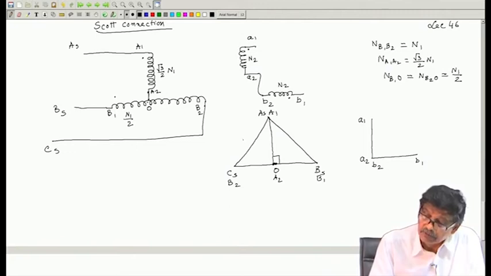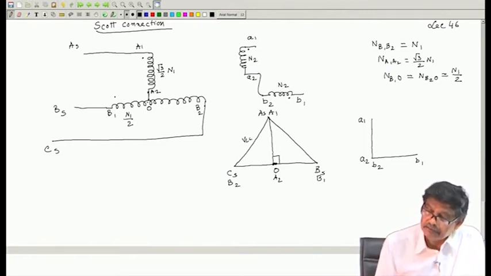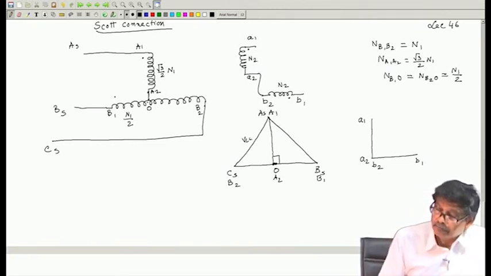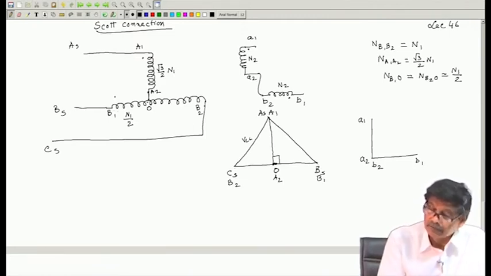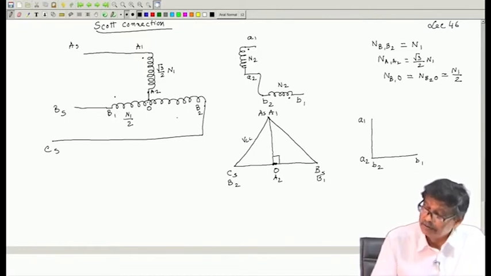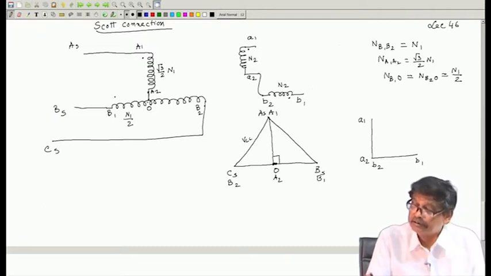Suppose the line to line voltage applied is VLL. Therefore, voltage applied across the primary of B transformer is VLL, number of turns is N1. So, VLL by N1 into N2 will give you the voltage. Here voltage V B1 B2 will be VLL by N1 into N2.